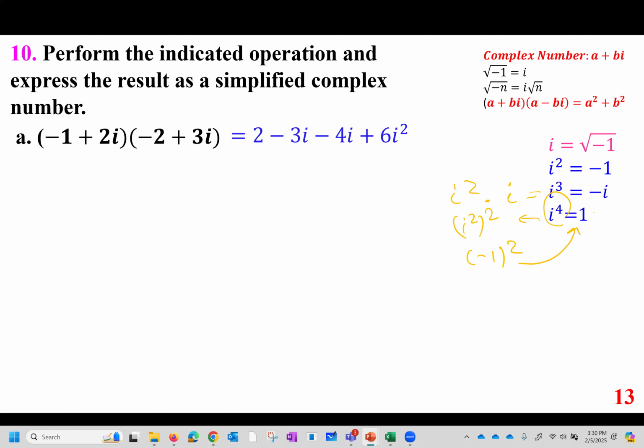And so if that is the case, the first thing is we change the i squared to negative 1. So this becomes minus 6.